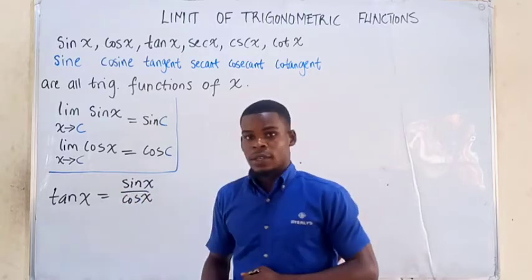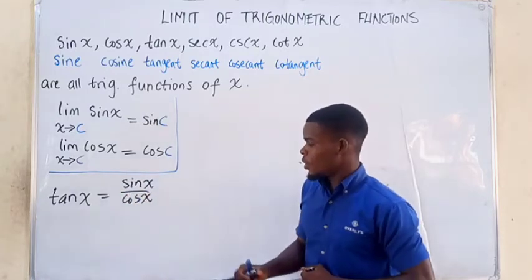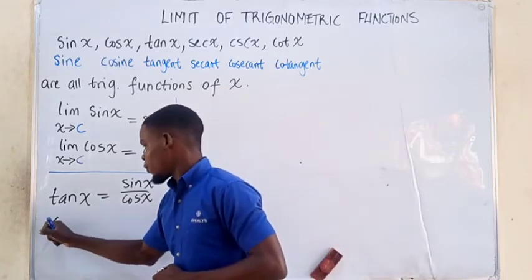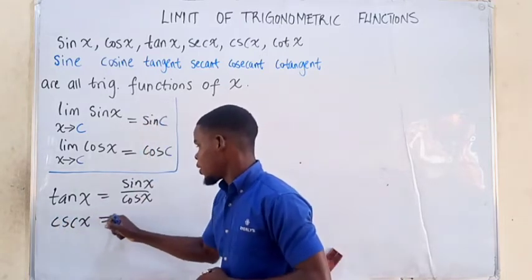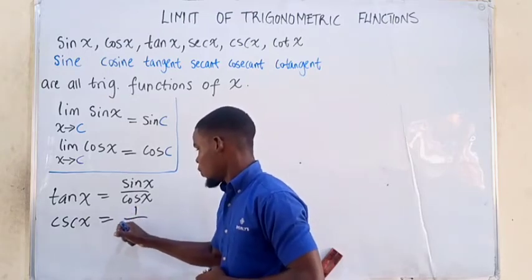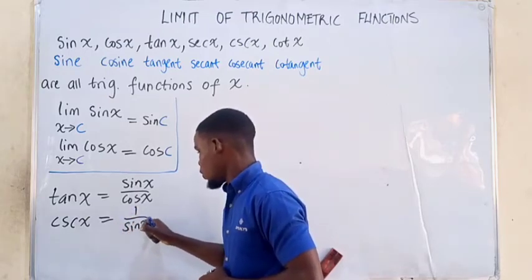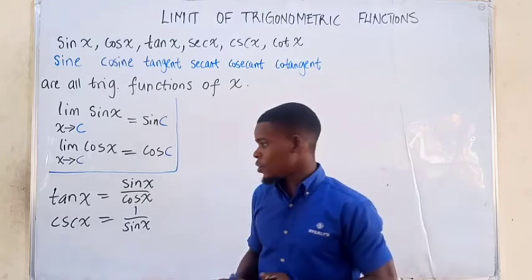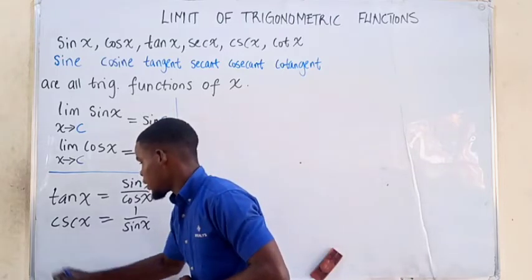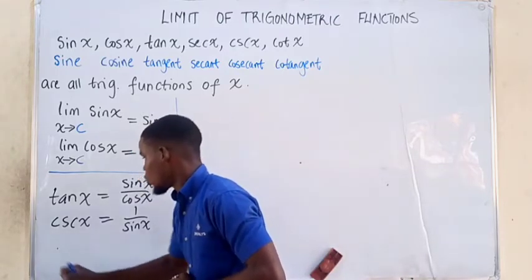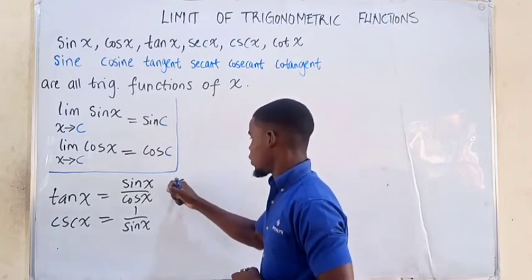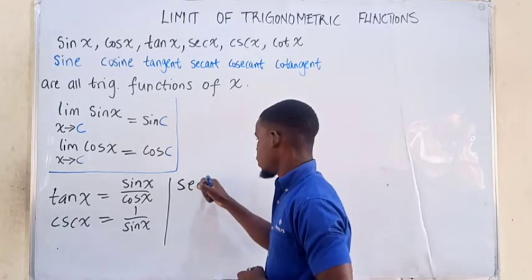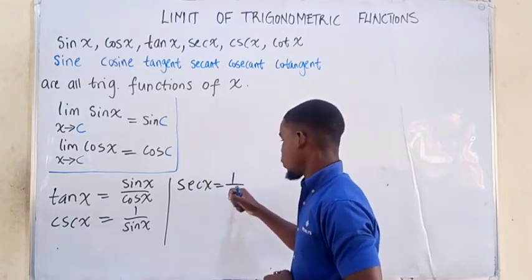Then note that cosecant of x is gotten from 1 over sine. So if you have the sine of a function, then cosecant will be 1 over that result. Let me write another one out for you: secant x. This is 1 over cosine.